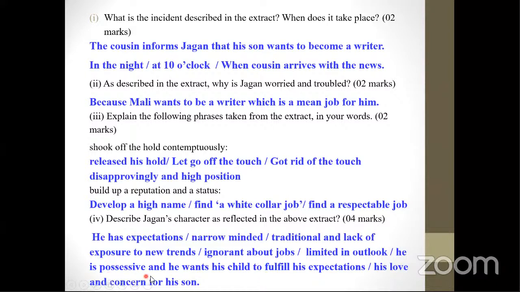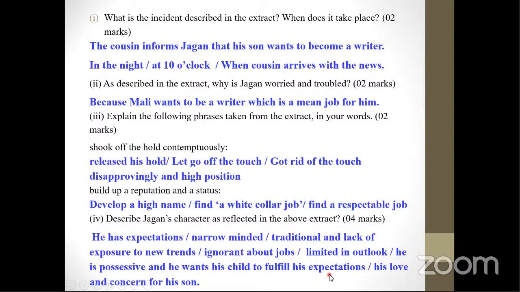He is possessive and he wants his child to fulfill his expectations. We know he has a possessive love. His excessive love for Mali destroys Mali, of course, because he keeps quiet. When he had to advise, he keeps quiet.